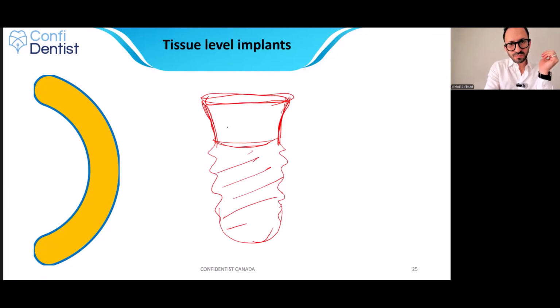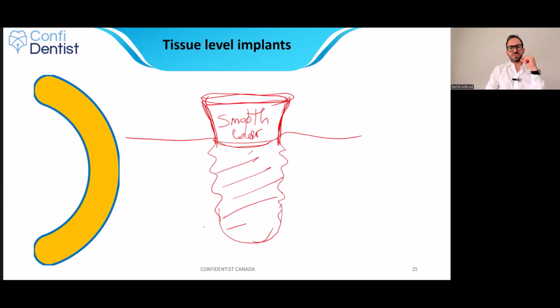So this part, the smooth collar, is supposed to be placed inside the soft tissue and the rest inside the bone. Depending on the implant, the lengths can vary between 2 to 3 millimeter. Okay.